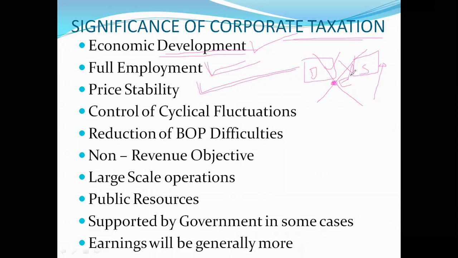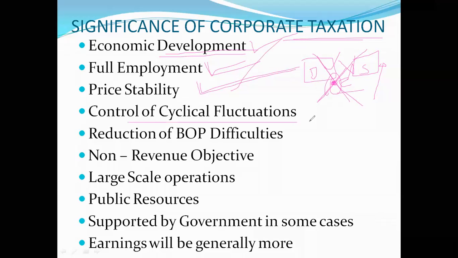So the government will collect funds in the name of tax, and try to establish various organizations to see to it that supply is increased, so that it meets demand at an optimum level, so that at a very low price people get quality products. In order to achieve this objective, taxation is required.